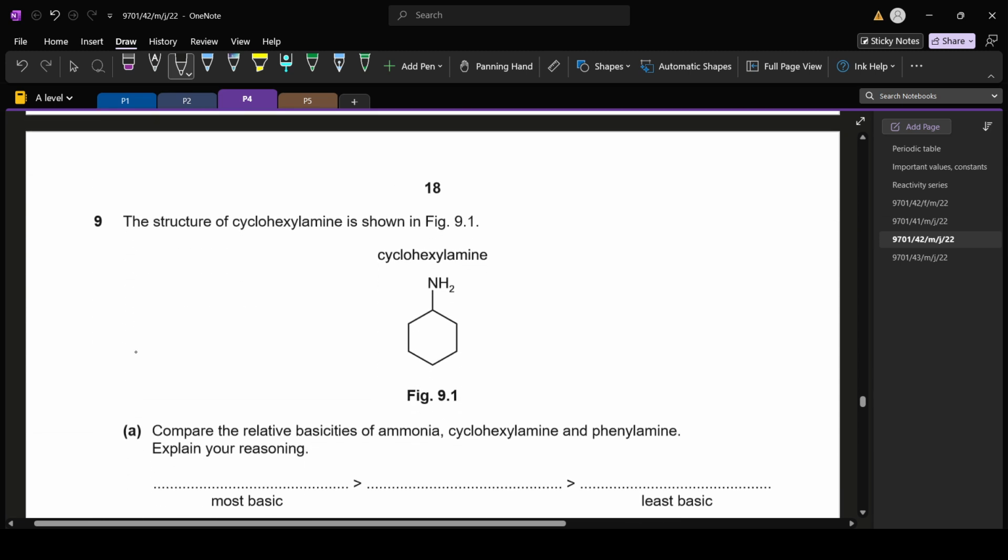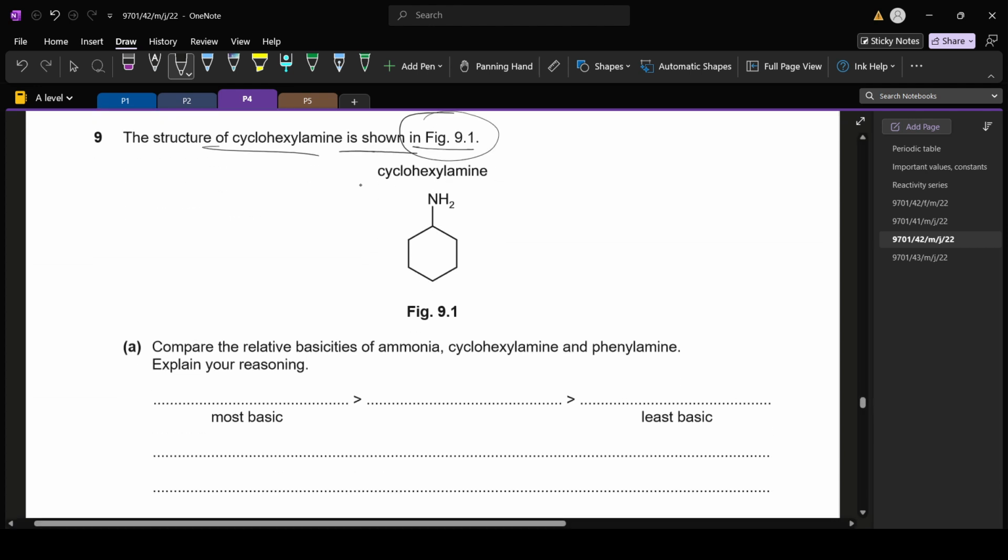Moving towards the next question. Question number 9. The structure of cyclohexylamine is shown in figure 9.1. This is your cyclohexylamine. Now compare the relative basicities of ammonia, cyclohexylamine and phenylamine. You first have to remember that basicity depends on the availability of the lone pair and the stability of the conjugate acid.